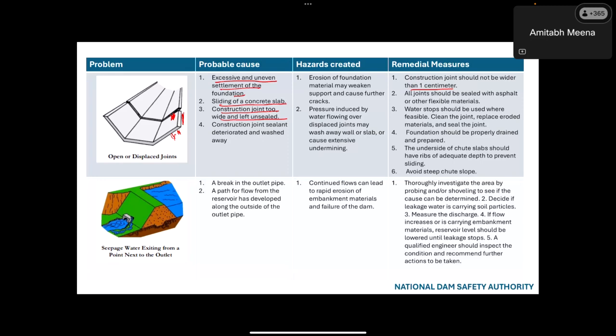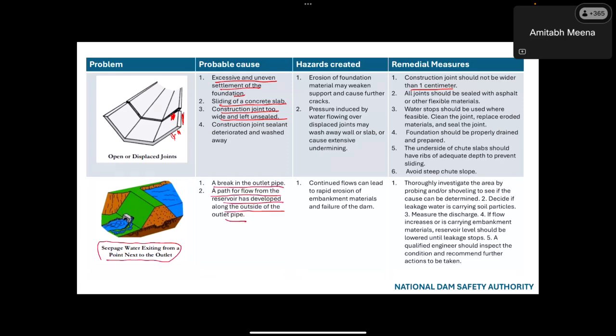Now, in this case, the seepage water is exiting from a point next to the outlet. So there may be a break in the outlet pipe. A path of flow from the reservoir has developed along the outside of the outlet pipe.